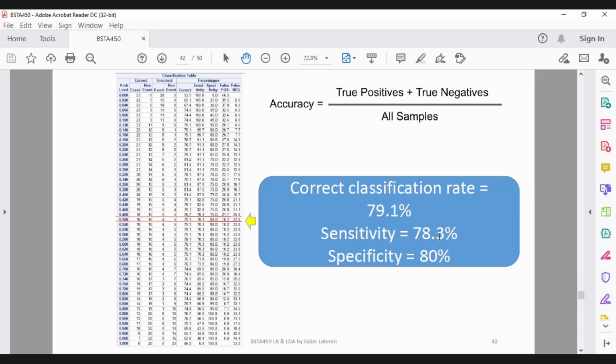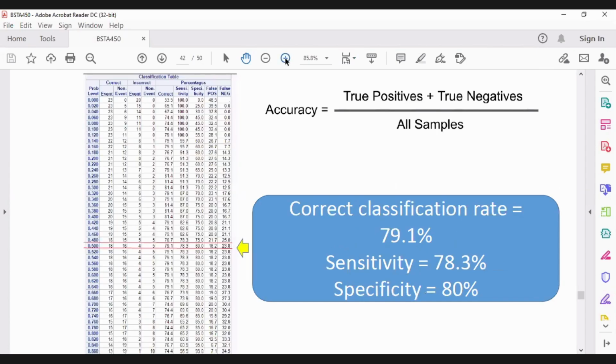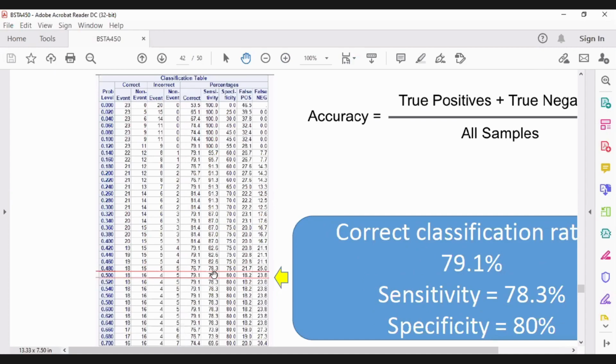It is equal to 78.3. And specificity is equal to 80.8, which is 80%, the ability of the model to correctly detect true negatives, which are non-bankrupt companies.